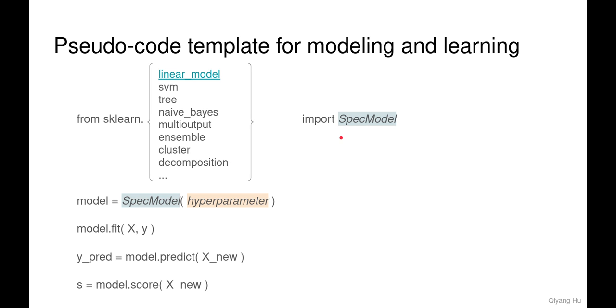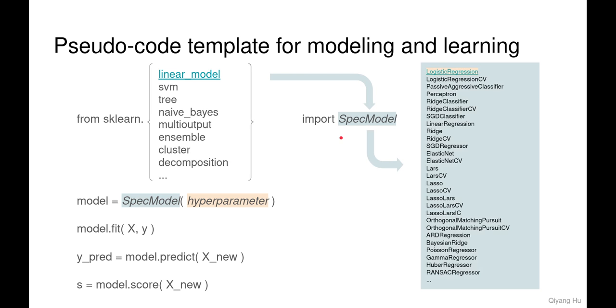On this slide I use the linear model as an example. The linear module includes a whole bunch of specific models, from logistic regression, passive aggressive classifier, perceptron, SGD classifier, lasso CV, to Bayesian ridge. All those specific models are available in Scikit-Learn.